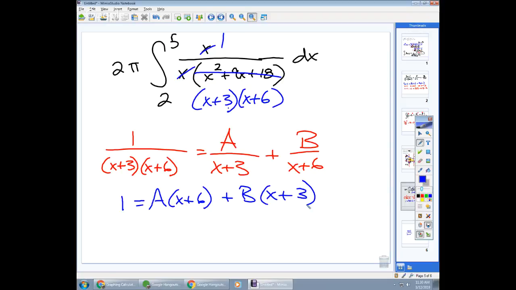We get some cancellation. Good idea to pause there, make sure we cancel the right stuff. If this were on a test, I would fill in the step I just skipped. I just thought about multiplying through by the common denominator, but I didn't write it down. On a test, you definitely want to write that down and not do that in your head. Right, Kyler? You write everything down.